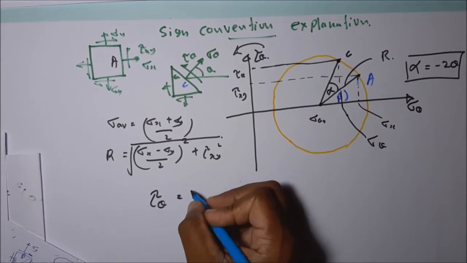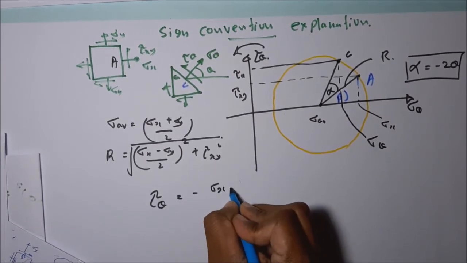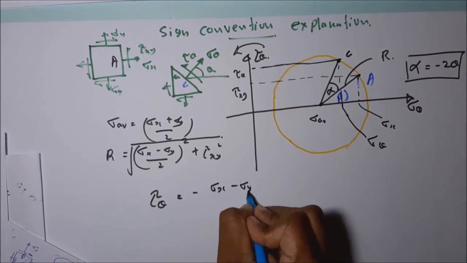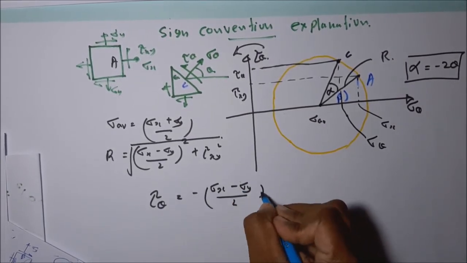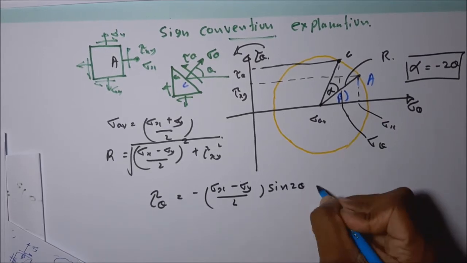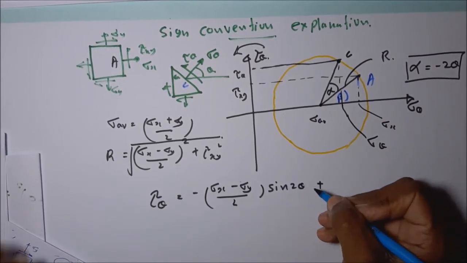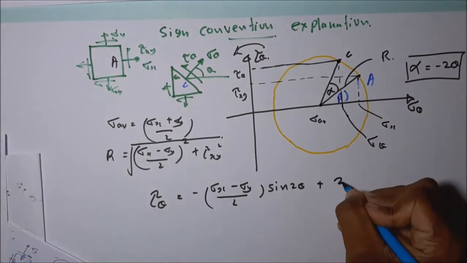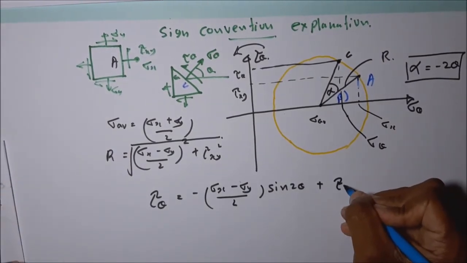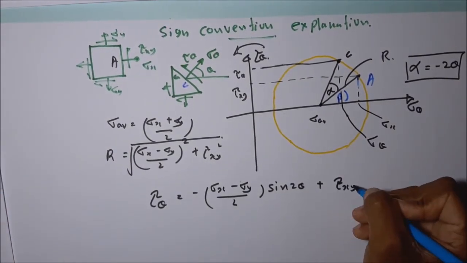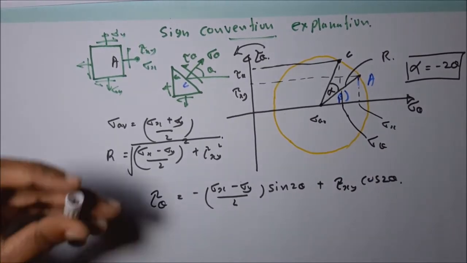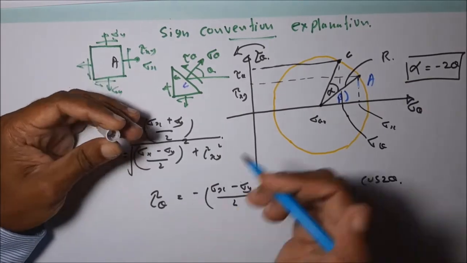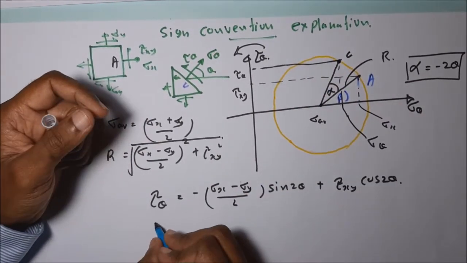Tau theta is equal to minus (sigma x minus sigma y) divided by 2 sin 2 theta plus tau xy cos 2 theta.